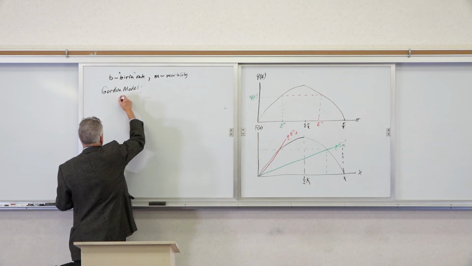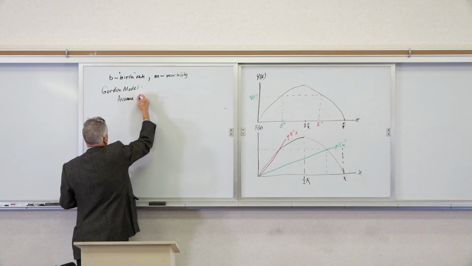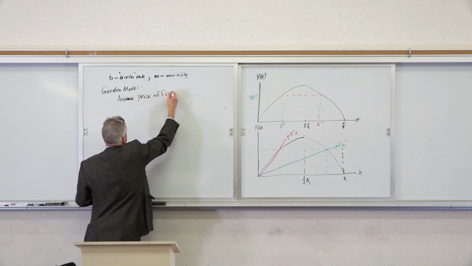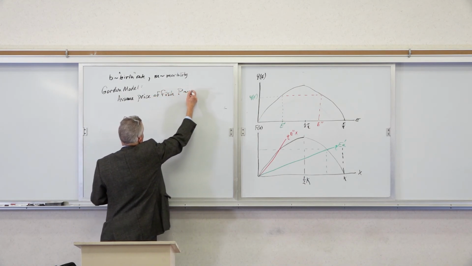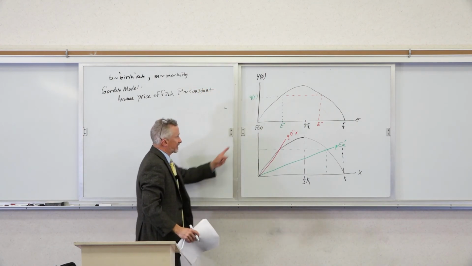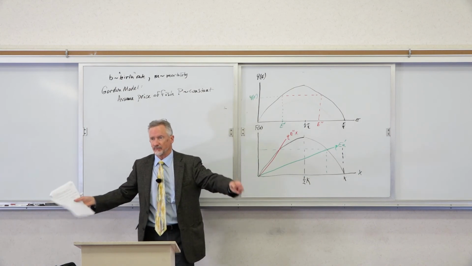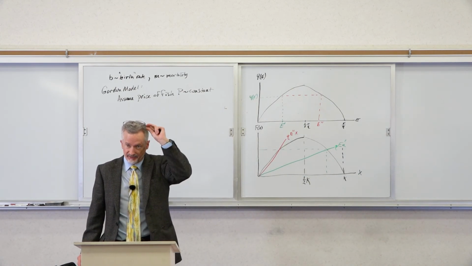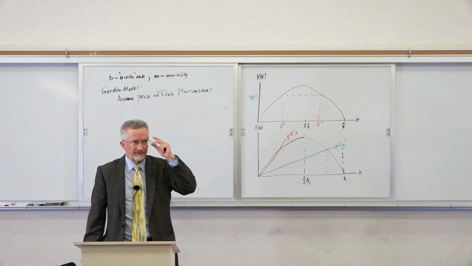And the simplest case is to assume the price of fish is just a constant. That is to say, this particular fishery is part of a bigger market. So the amount of fish they catch in this won't affect the price. Okay, it's price-taking behavior here.